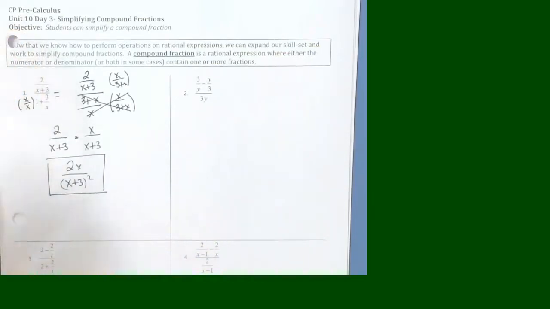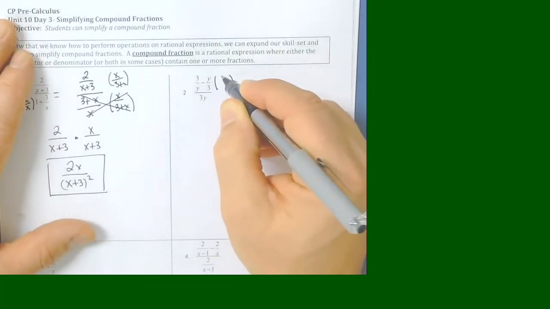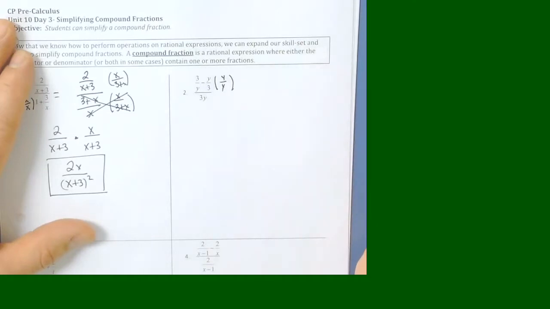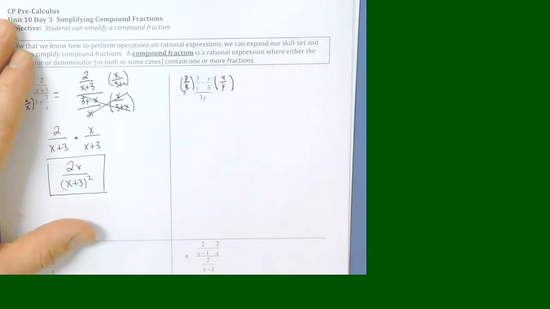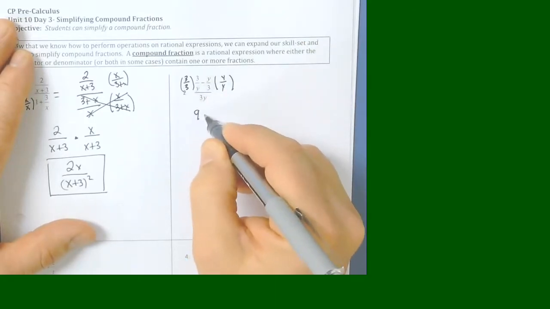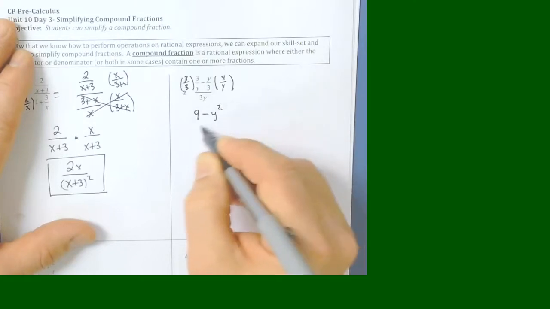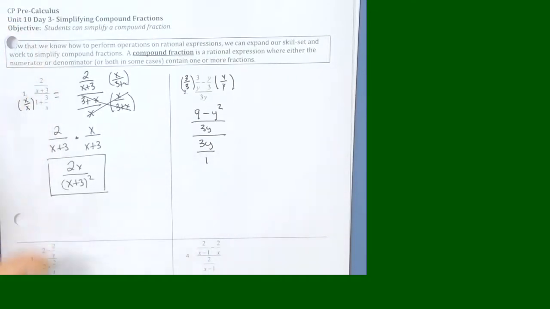quantity squared. Common denominator on the top, let's multiply by y over y. Let's multiply by 3 over 3. That will give us 9 minus y squared over 3y over 3y, and I'll write over 1.